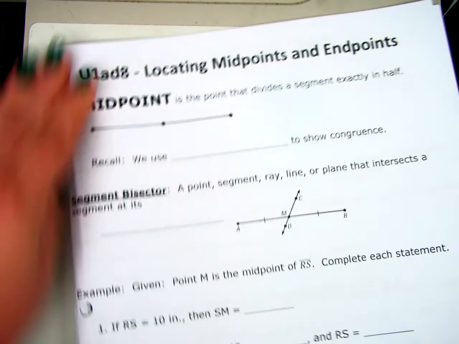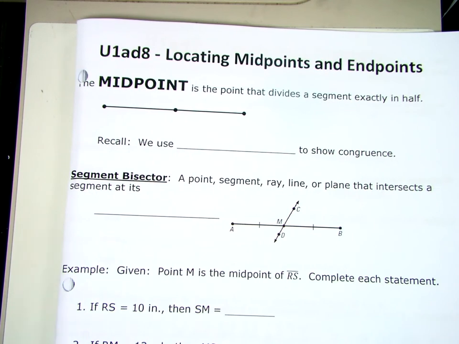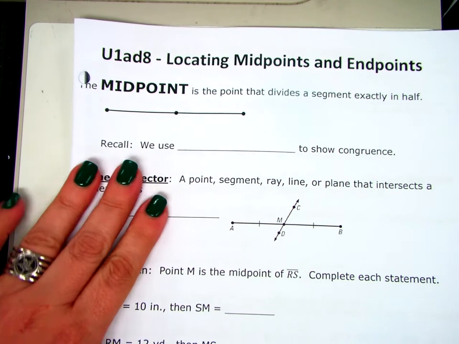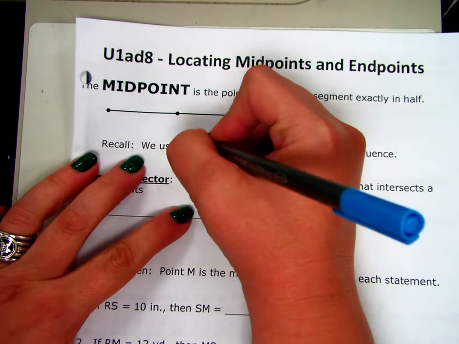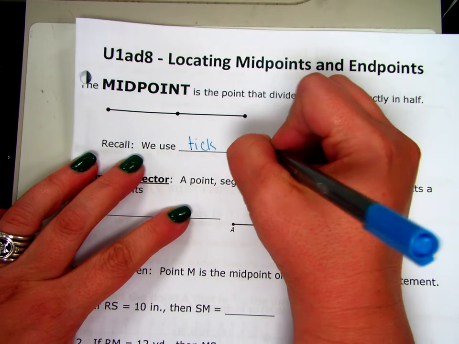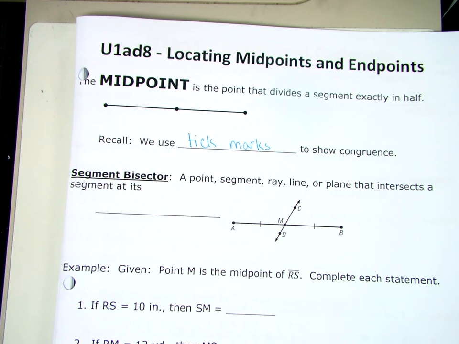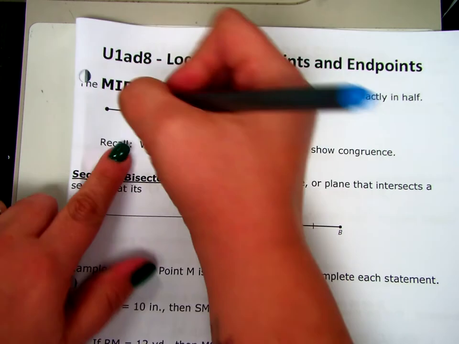Let me get this to fold where I can still see everything. There we go. The midpoint we've already defined in class before. It's the point that divides a segment exactly in half. And you may or may not remember, but we said we use tick marks to show congruence. That is not the only way you can show congruence, but it is a way.